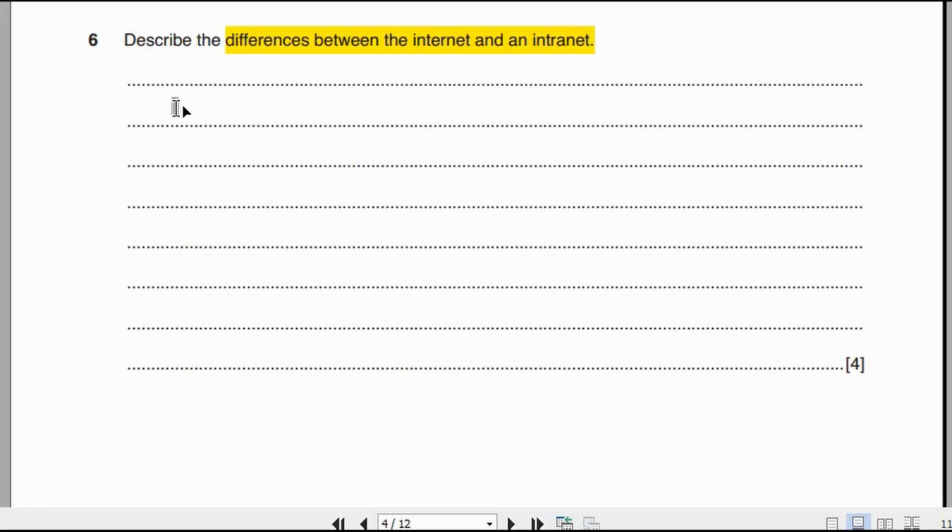The first point is that the internet is public and the intranet is private. The second point that you should remember is policing. The intranet can be policed and the internet cannot, or there are some reservations about how we can police the internet. Within a country it's possible, but outside the country it is not.